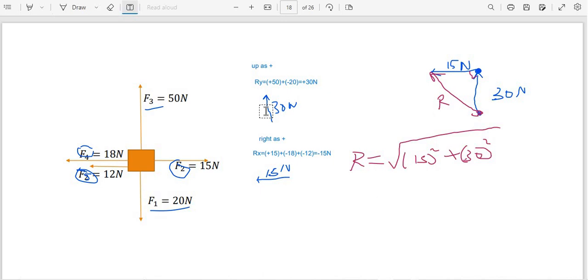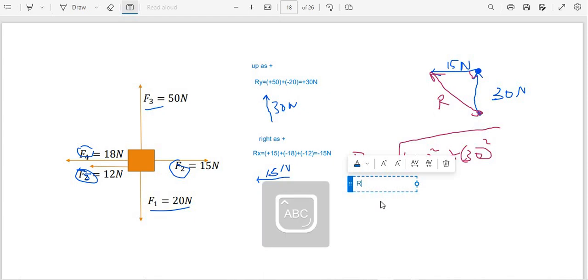We have 30 squared, which is 900. We also have 15 squared, which is 225. 225 plus 900 is 1125. Square root of 1125. The magnitude of the resultant r will be equal to 33.59 if you round it off to 2 decimal places. And because these vectors were measured in units of newtons, the units for r will also be newtons.